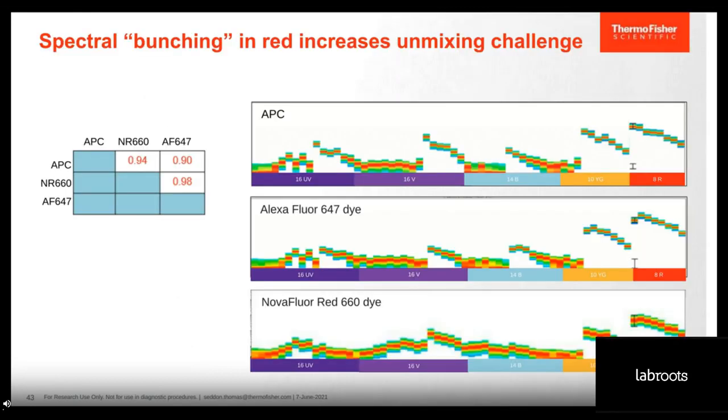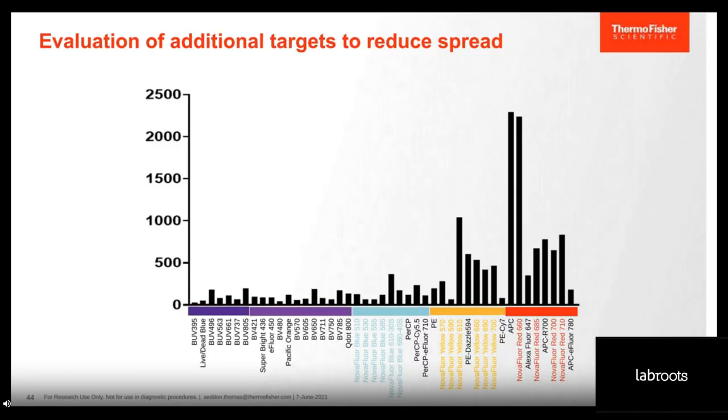When I was originally designing this panel, we did not yet have the similarity indices for these particular dyes, so I really wanted to see what happened. What you can see is that all of these are actually very similar when you look at their spectra. In fact, NovaFluor Red 660 is 0.98 similar to AlexaFluor 647. And so likely having these 3 together affects what you have in the process.